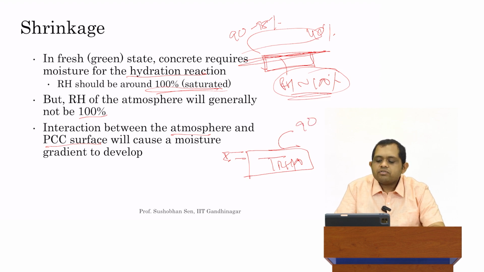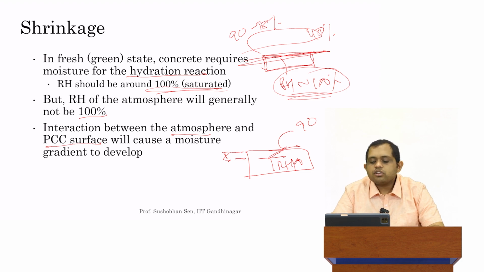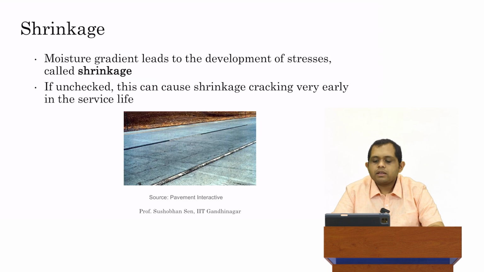In between, in this very thin region, you're going to have a sharp and very non-linear change in the humidity or in the moisture. That therefore is called a moisture gradient, and it's a very sharp moisture gradient. These moisture gradients will then lead to the development of additional stresses or strains, which we call shrinkage. So the moisture gradient leads to development of stresses, and this phenomenon we call shrinkage.